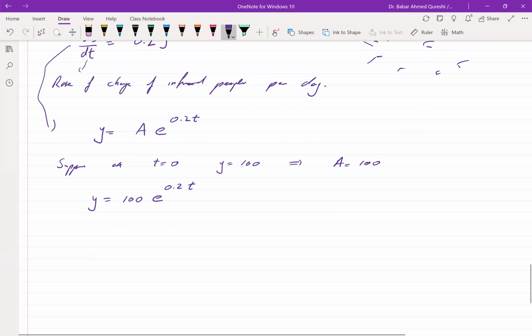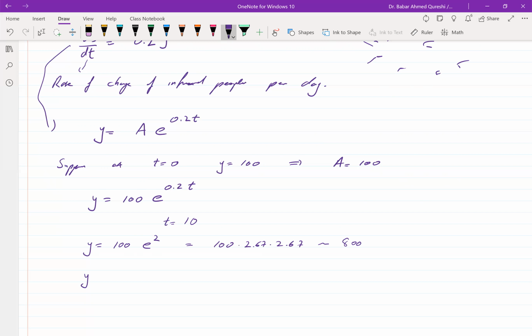Now, if I put t is equal to 10, what happens on the 10th day? On the first day, you have only 100 people infected. On the 10th day, you will have e to the 2. So 100 into that, so around about 800 people infected.